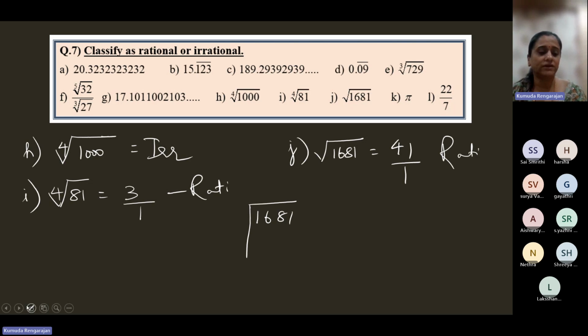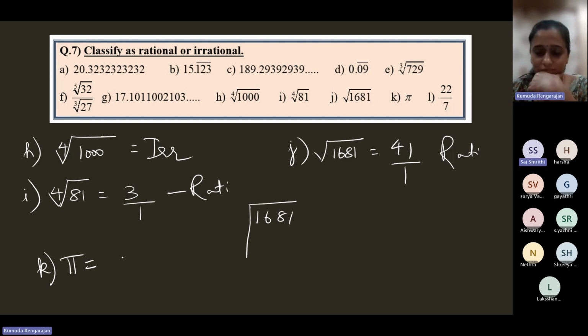Then K, pi. So we just understood that. Irrational number. The decimal expansion of pi is non-terminating, non-repeating, which makes pi an irrational number.